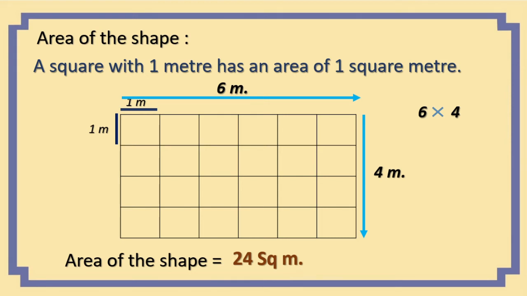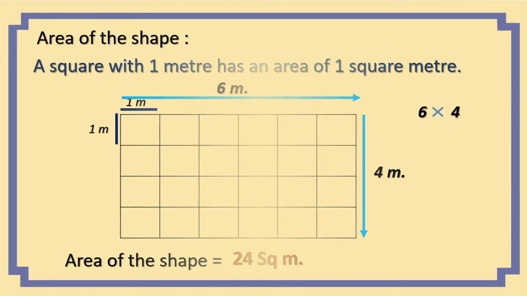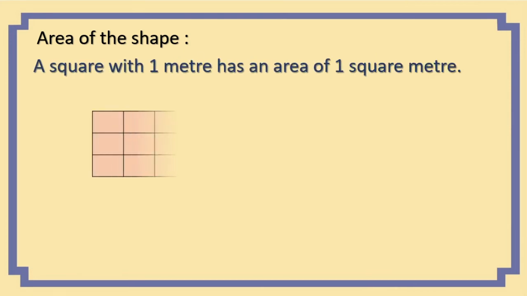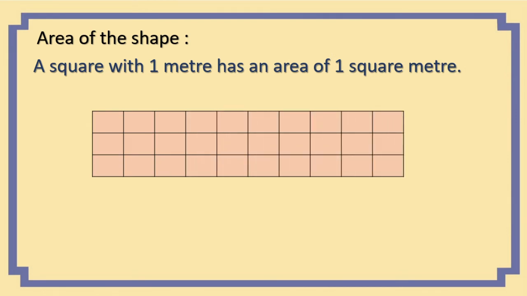Understood? Now see this. A square with 1 meter has an area of 1 square meter. Now you can see here one more shape with so many squares. Try to calculate the area of this figure.